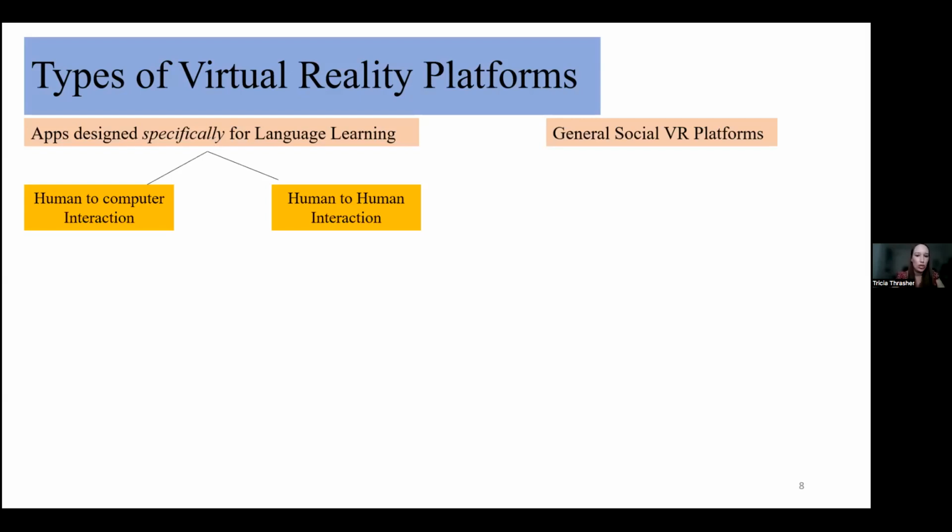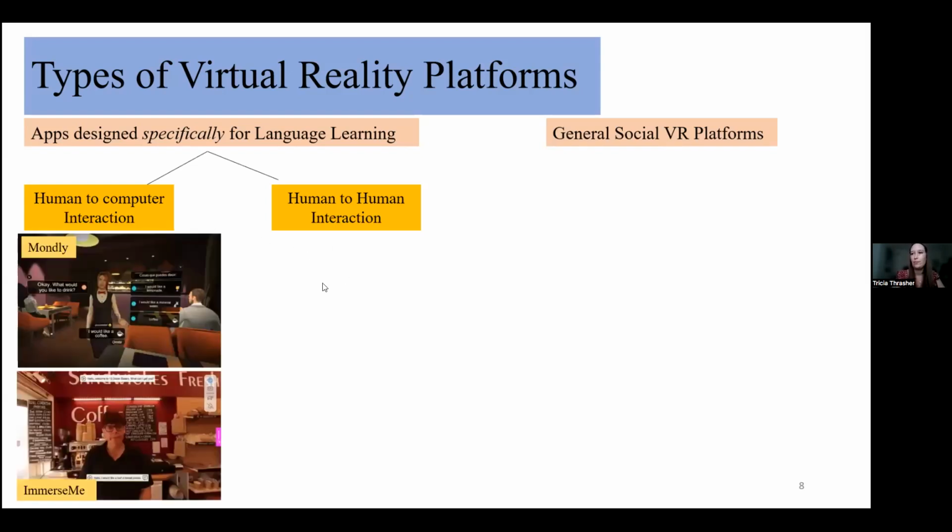You have ones that are human to computer interaction, and ones that are human to human interaction. Human to computer is ideal if you want your students to do something asynchronously, either going to a VR lab and practicing something, or doing this from home. And human to human would typically require you to be in VR with your students, doing something with them. But we'll look at that in a little more detail as we go through.